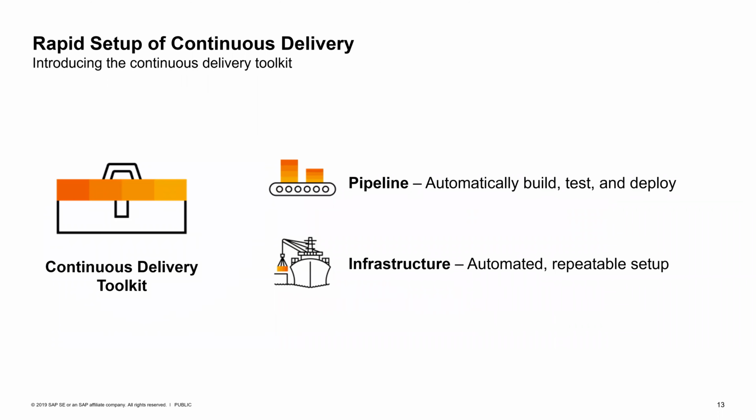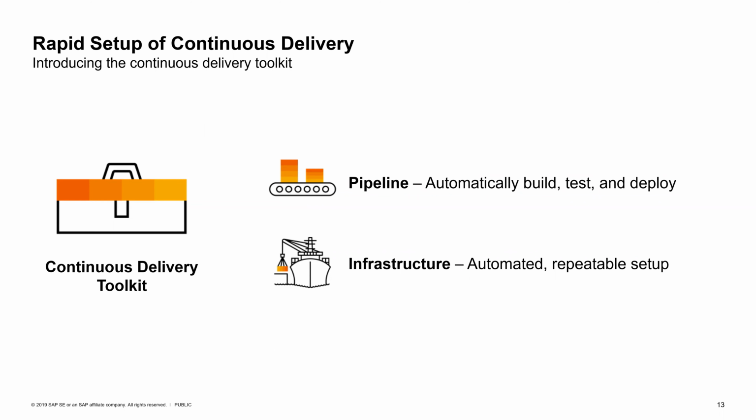Continuous delivery in SAP Cloud SDK, we call it a toolkit. We discussed this term and we think toolkit sums it up quite nicely, because what does this continuous delivery toolkit actually do? What is it? Roughly speaking, it's comprised of two components.